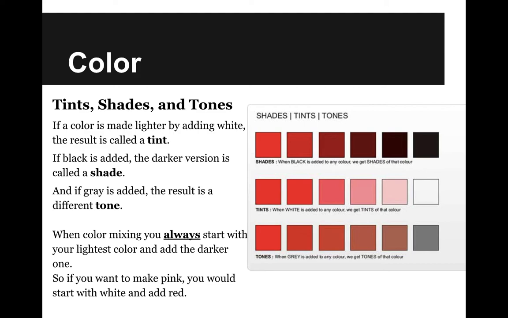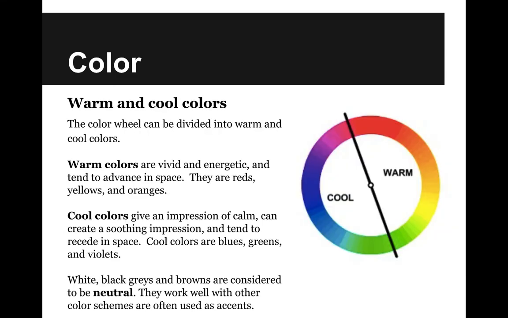And we have our last little slide here, and it's warm and cool colors. You can divide your color wheel into two sections of warm and cool. Warm colors are vivid and energetic, and they tend to advance in space, meaning they tend to pop out. Those are your reds, yellows, and oranges.